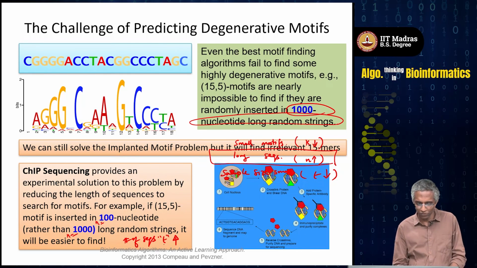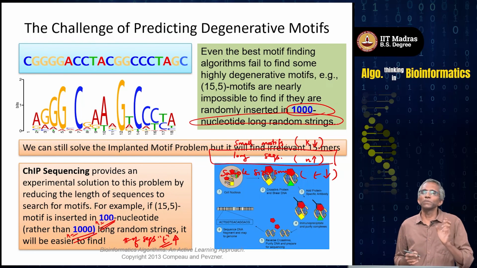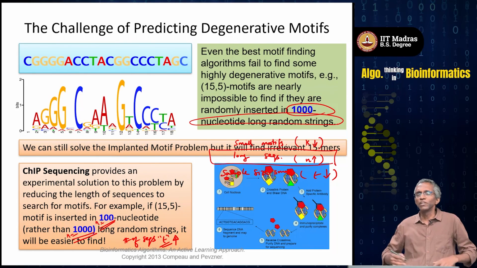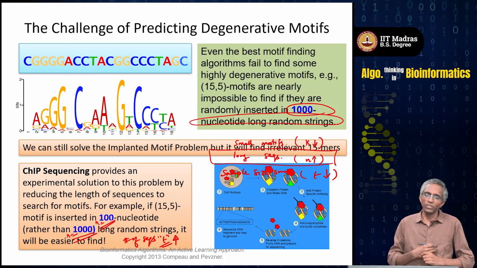So you will have a lot of sequences t where the transcription factor binds, and each one of the sequences is not 1000 long, each one of them is 100 long, because you can align the ChIP sequencing reads back to the genome and then look for peaks of length about 100 where many of the ChIP-seq reads have mapped to the reference genome.